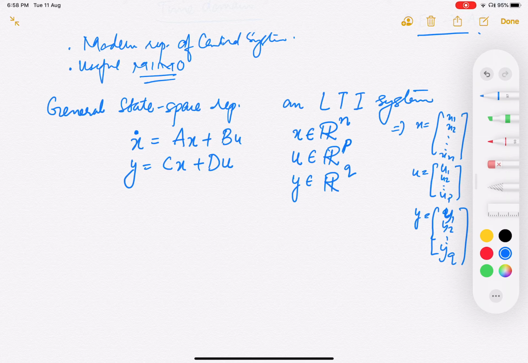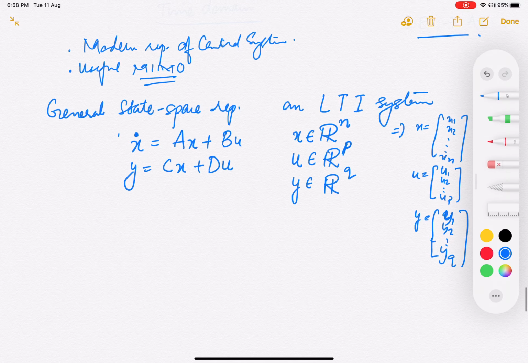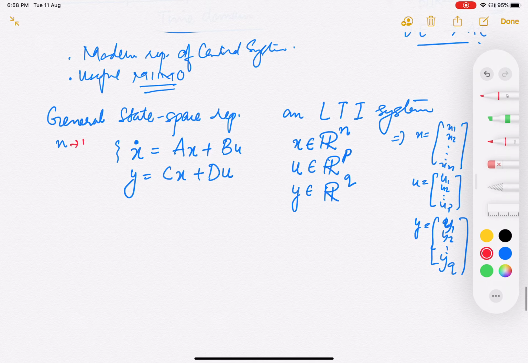So that is why this is a system. This would be a system of n first order differential equations, right? And this is called a state equation. N first order differential equations.